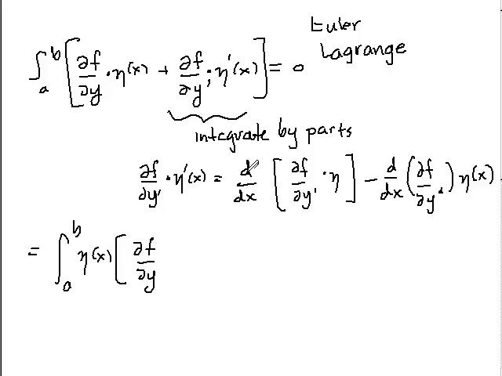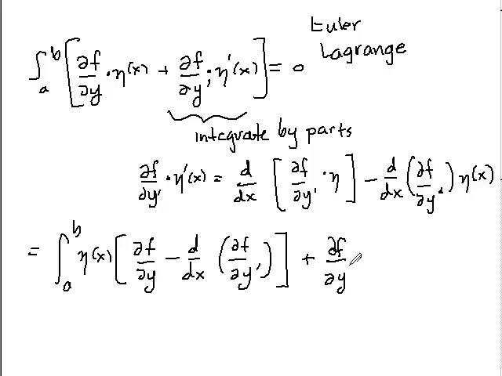This becomes the total derivative of this minus eta times d/dx of the partial of f with respect to y'. Now I also have this term here, so I have a boundary term, ∂f/∂y' times eta of x, between x equals a and x equals b.